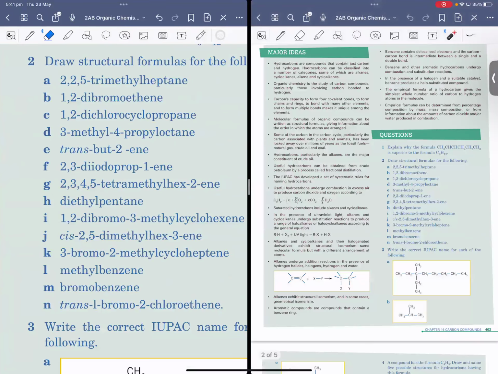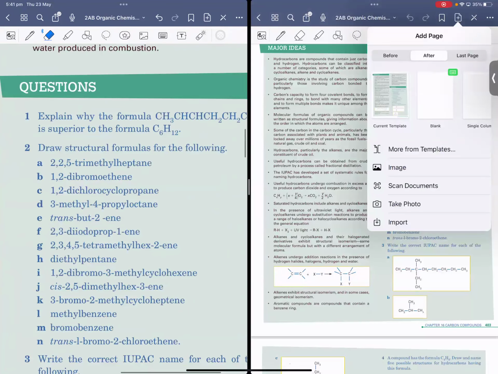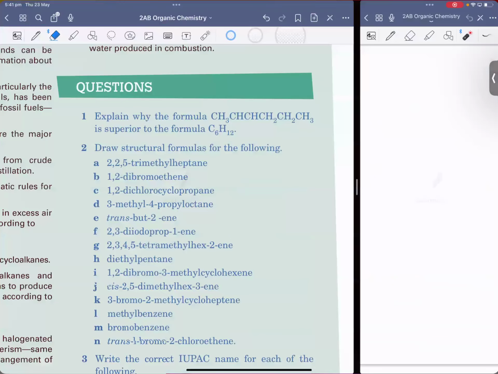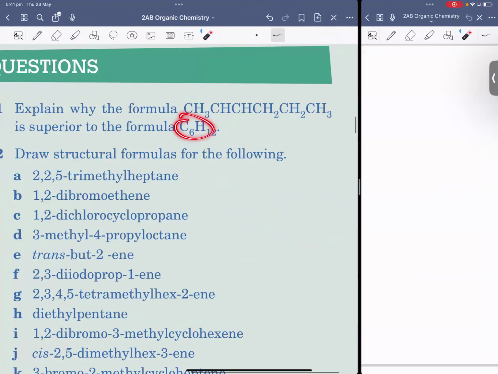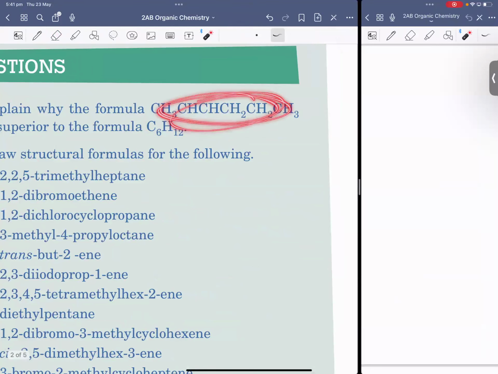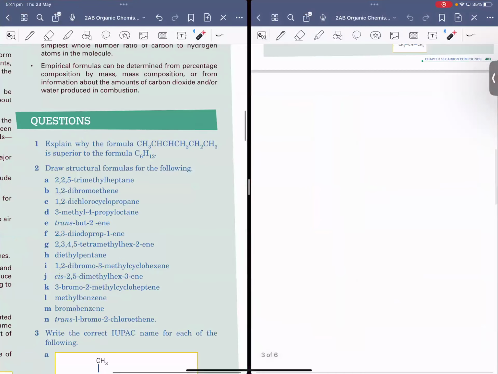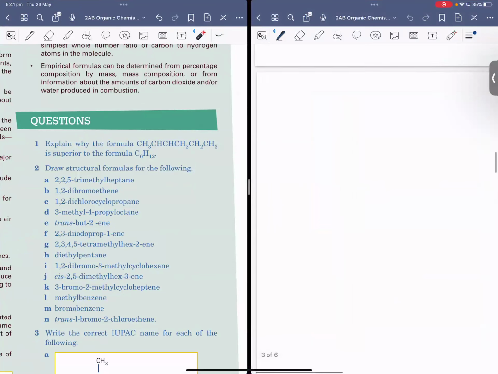Okay, question number 1. Explain why this formula is superior to this one here. This, guys, is called a semi-structural formula. There's also the full structural formula. I just want everyone to know the difference between all of them. The full structural, which they just call the structural formula, is this.